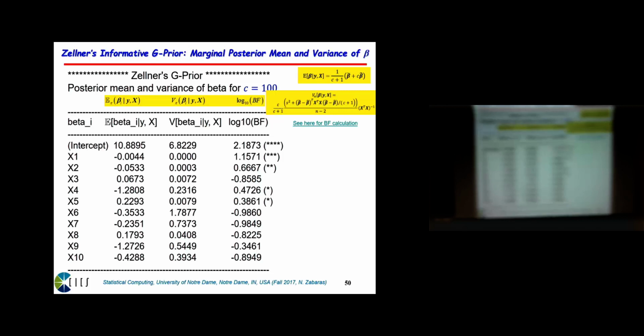Each of these numbers compares the marginal likelihood of the model where you include all the variables versus the model where you have removed, let's say, the intercept or variable 1 or variable 2. So you're asking, do I need variable 1 or not? You compute the Bayes factor keeping variable 1 and everything else, versus the model where you keep everything but variable 1. Of course, how do you compute the marginal likelihood in that case, or for the full model? That's something I'm going to show you today.